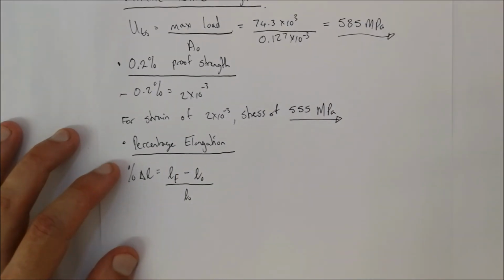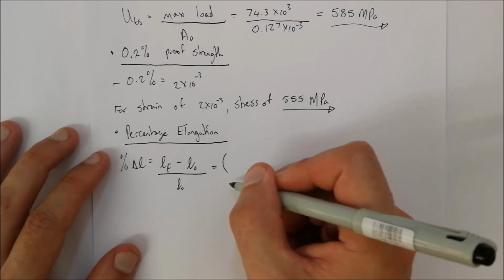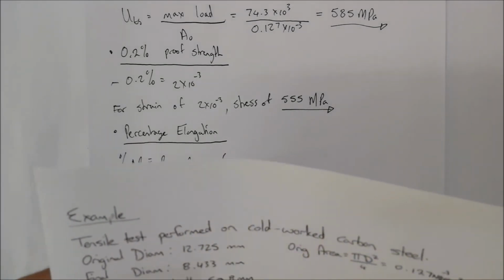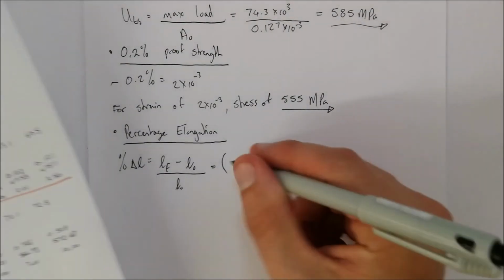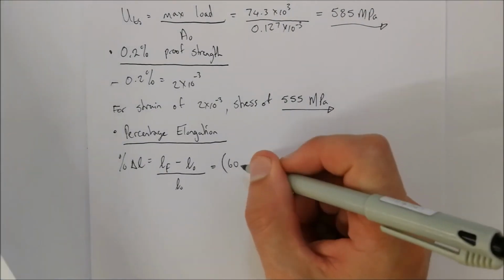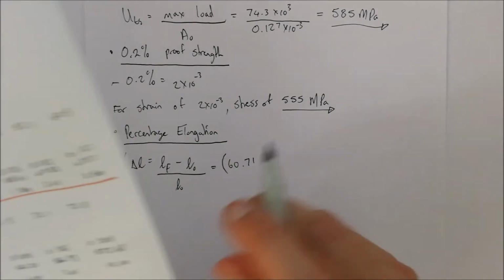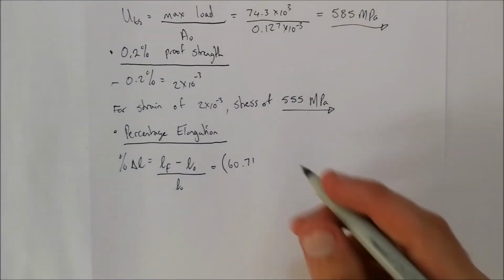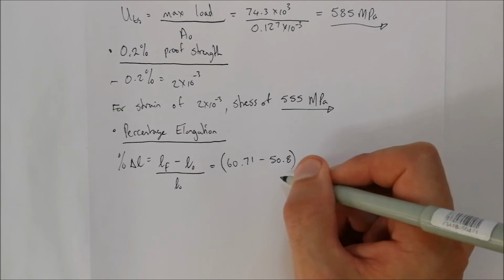So that is equal to our final length. If you remember in the question, our final length was 60.71 millimeters. So that's 60.71 millimeters. Our original length, we are told, is equal to 50.8 millimeters. So minus 50.8 millimeters.